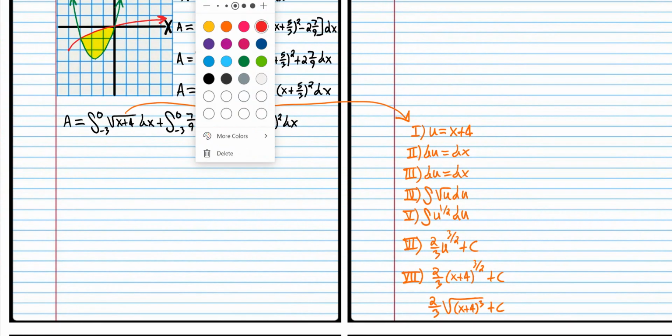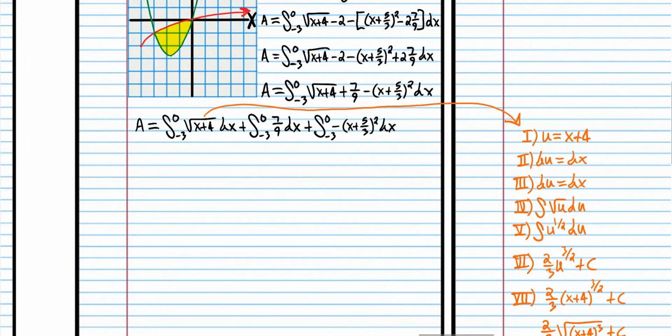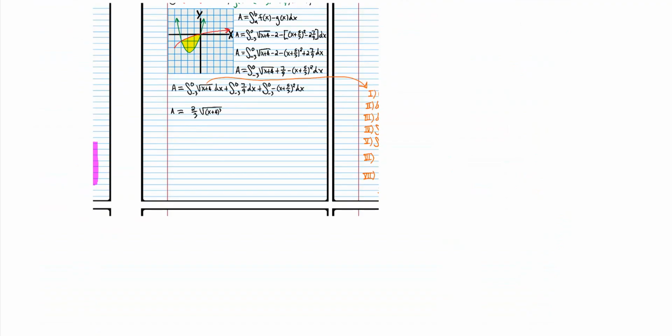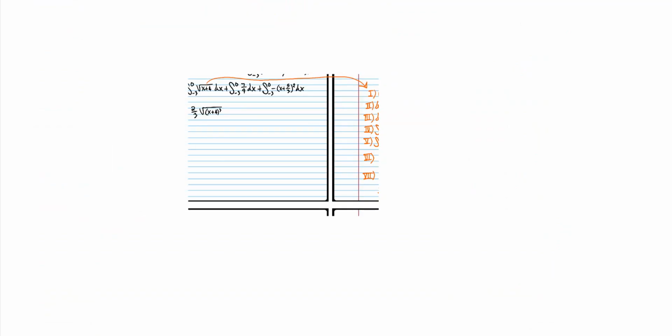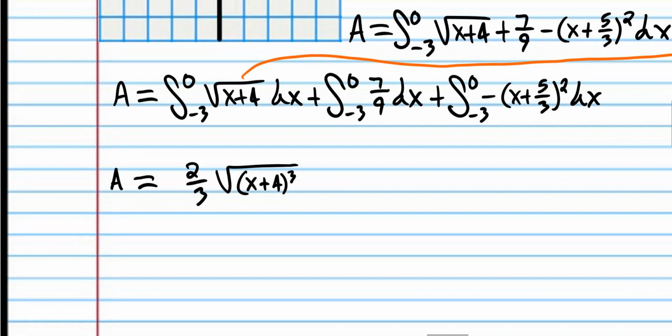And so we're going to change that to 2/3 square root of x plus 4 to the 3rd power from -3 to 0, and then we can go ahead and find the antiderivative of that.